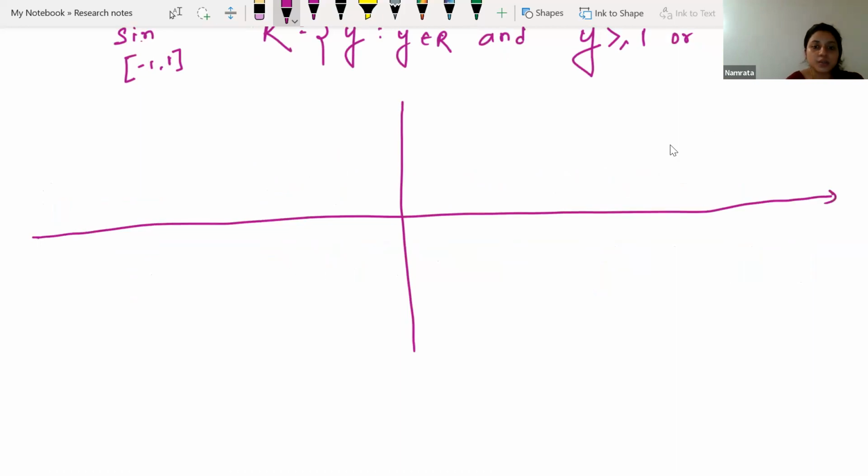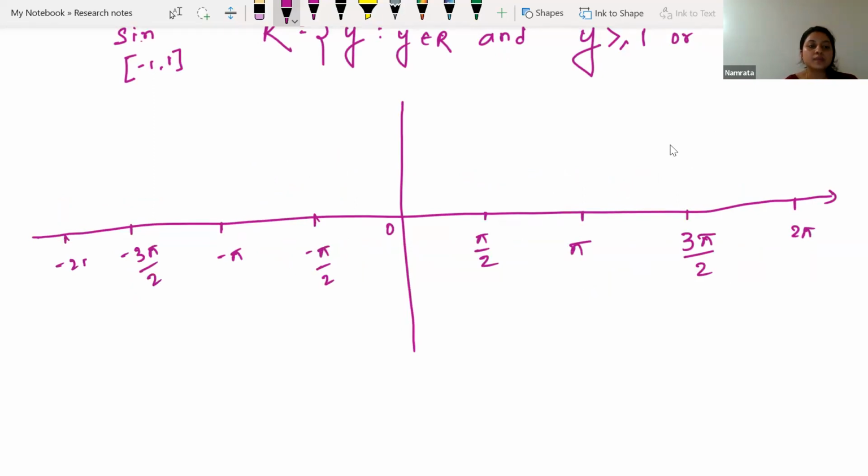First plot the disturbing points. 0, pi by 2, pi, 3 pi by 2, 2 pi. Here minus pi by 2, here minus pi, minus 3 pi by 2, here minus 2 pi. It is more than 1 and less than minus 1, the output.